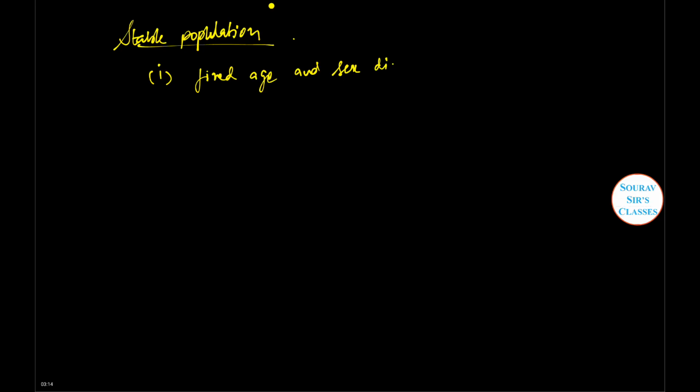Now we'll study the concept of stable population. A population is said to be stable if, number one, it has a fixed age and sex distribution.